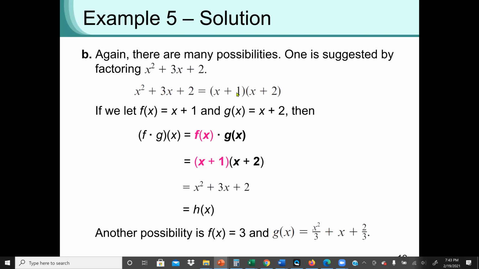So we get x plus 1 and x plus 2. So in this case, we can say f at x is x plus 1, then g at x is x plus 2. So when we multiply, we get the same h at x, which is x squared plus 3x plus 2.